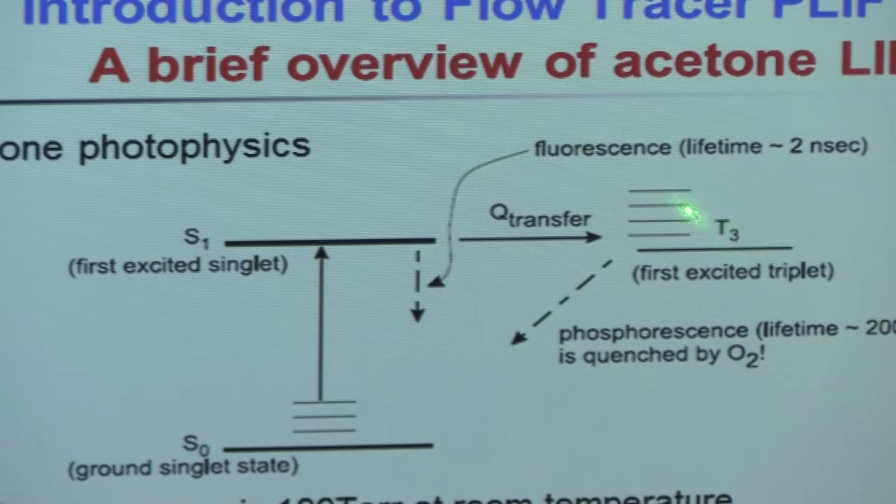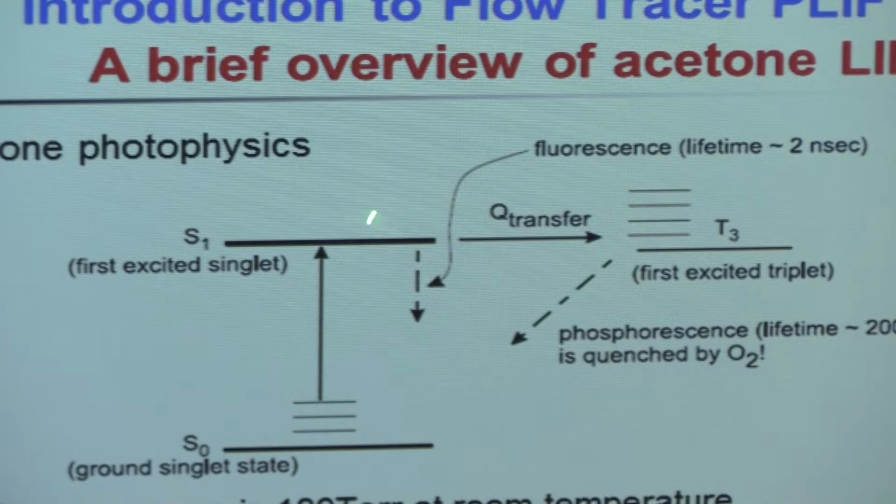There's the so-called T3 state, which is nearly coincident in energy with the singlet state. So if you imagine that you're exciting an average molecule in this ground state, meaning it has this amount of thermal energy, you go up to here, and that length of the arrow would be the energy of the photon. What can happen?